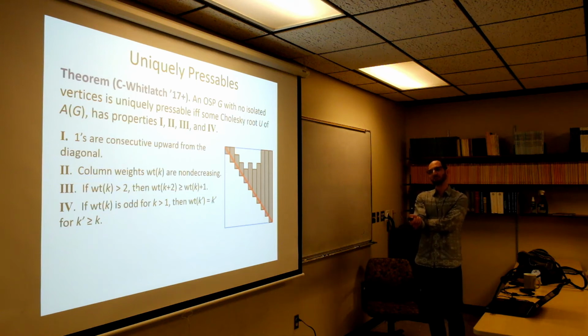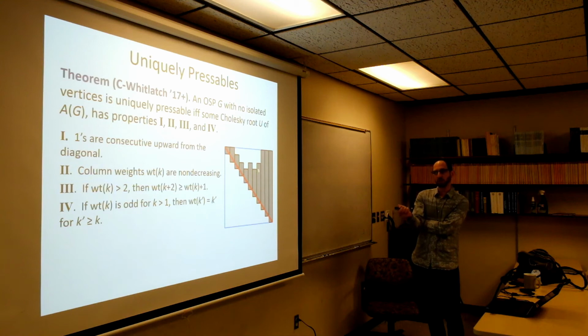If the weight goes above 2, so the first time the weight goes above 2, then it starts being actually increasing, not just non-decreasing, but in steps of 2. So if you look at this, the first time it goes above 2, leading from left to right, is this column of weight 4.